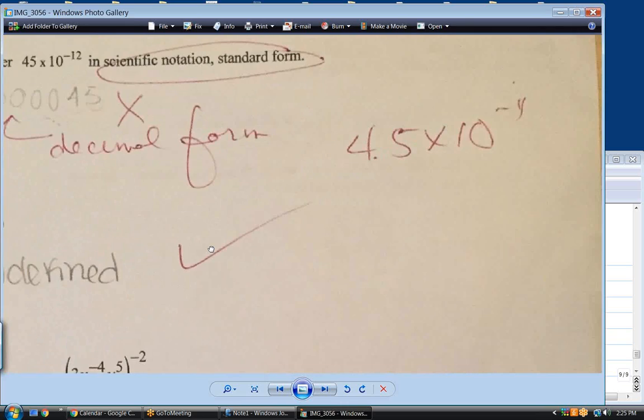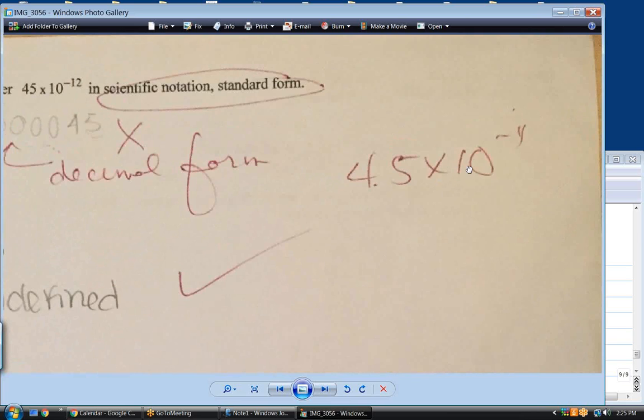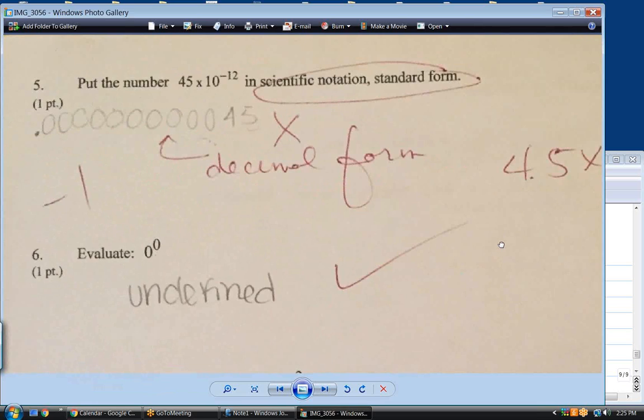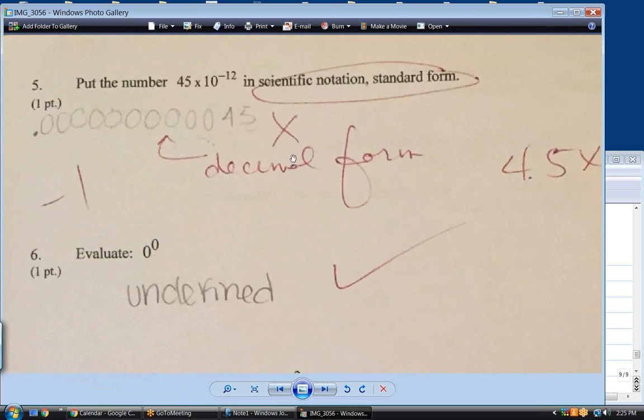And based on her answer, 4.5 times 10 to the minus 11th, that's the only answer she gives. This she's calling decimal form. So this must be decimal form. I guess that's not standard form. I think scientific notation standard form means one thing only.